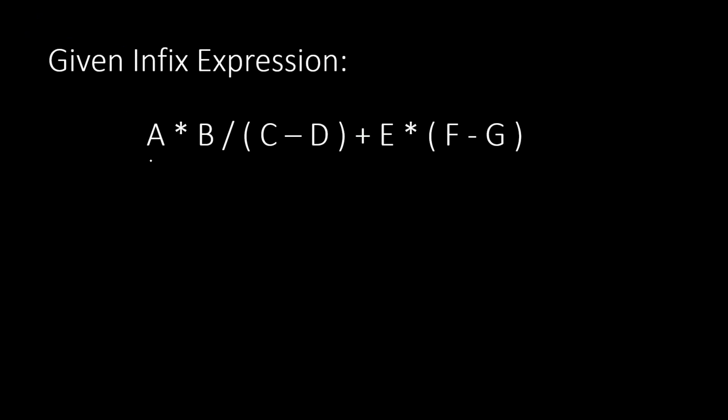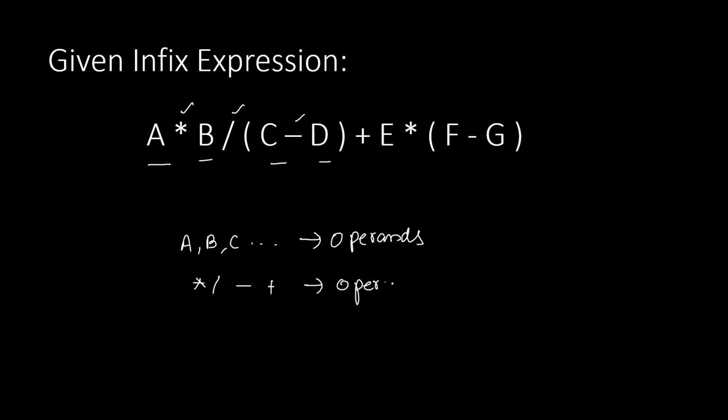See here in this expression, this A, B, C, D, all these are operands, and we have multiplication, division, subtraction, plus, all these are operators. And we have a left parenthesis and a right parenthesis. So here we have four types of symbols or four types of characters.